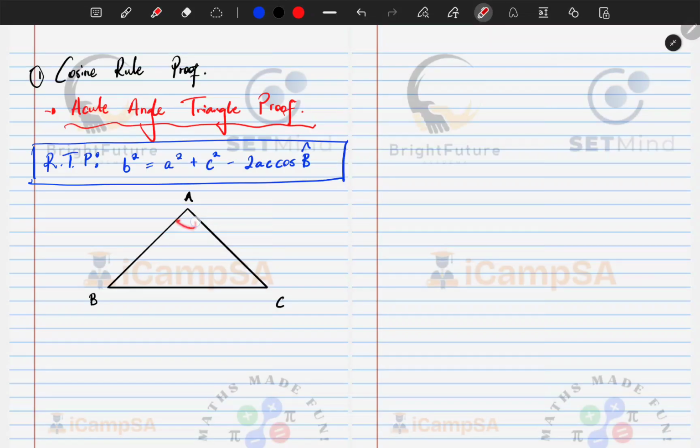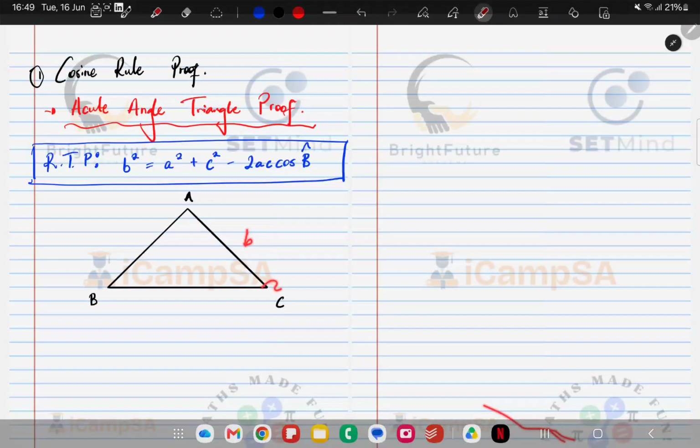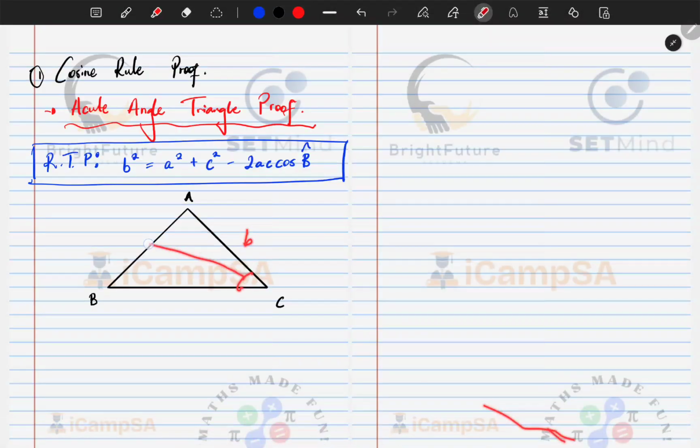The side opposite angle B is called b. And the side opposite angle C is called c. That's how we are going to do this.